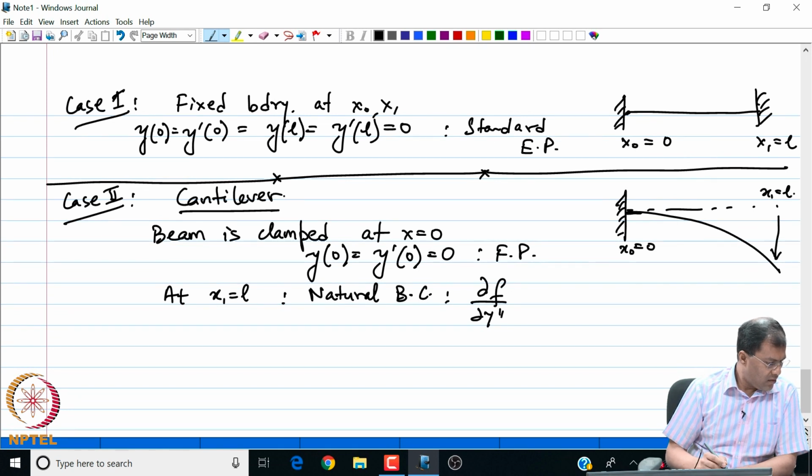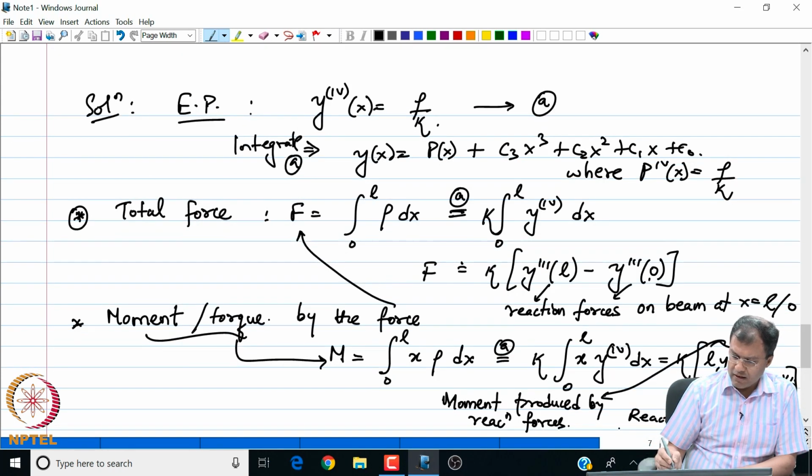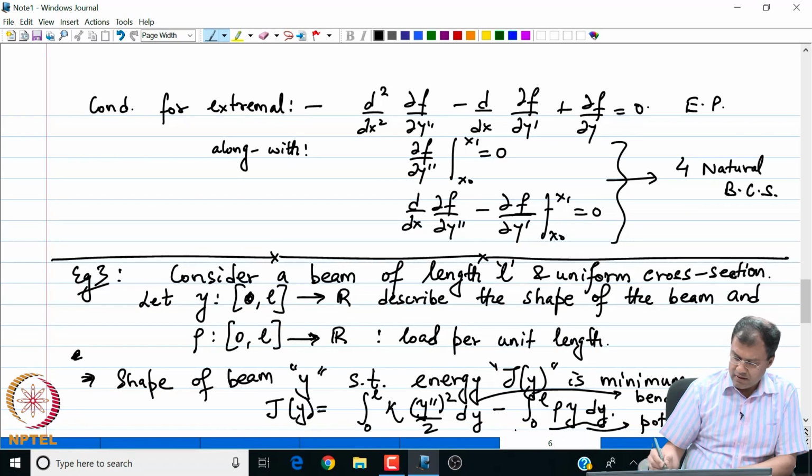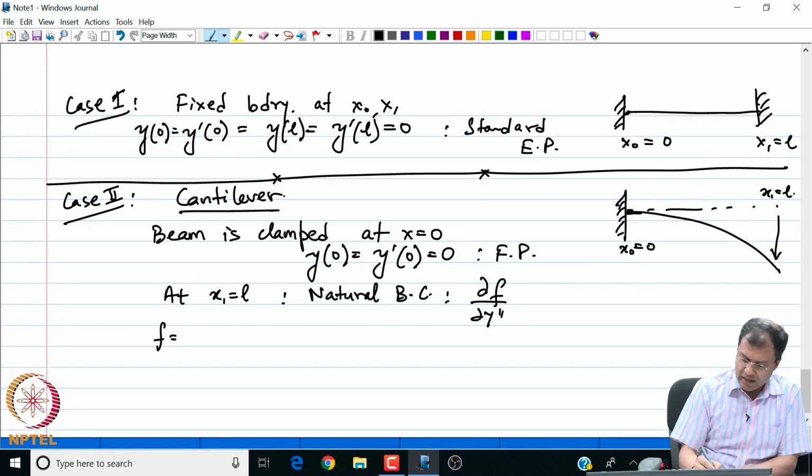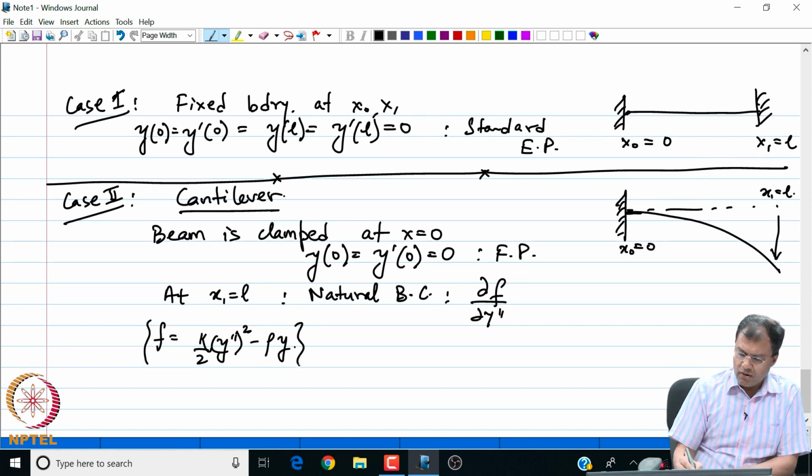So, at x 1 I have del f del y double prime, and f. What is f? F is my quantity which is kappa y double prime square by 2 minus rho y. So, my function f, the integrand, is kappa by 2 y double prime square minus rho of y. So, this is my quantity f.